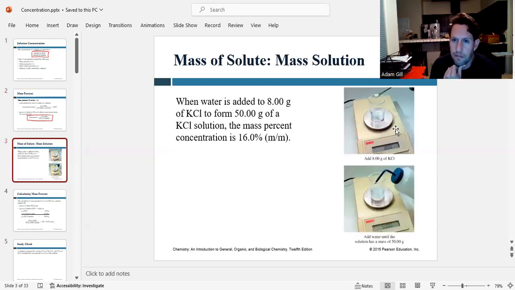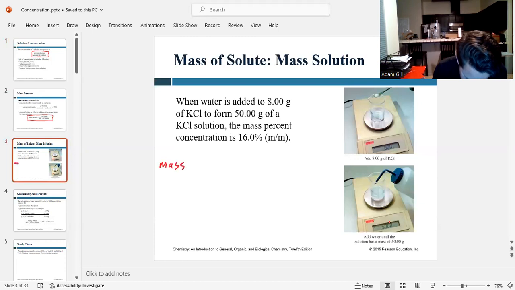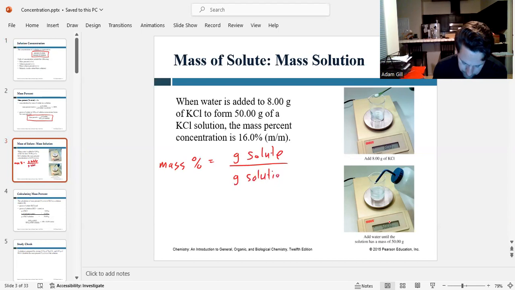If we had, let's say, 8 grams of potassium chloride, and we add water until the total mass is 50 grams, then we can express that as a mass percentage. So mass percent equals grams of solute divided by grams of solution times 100.